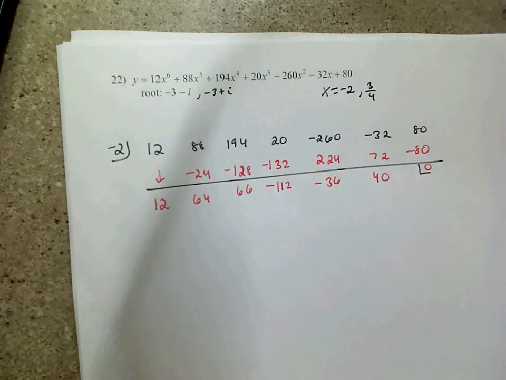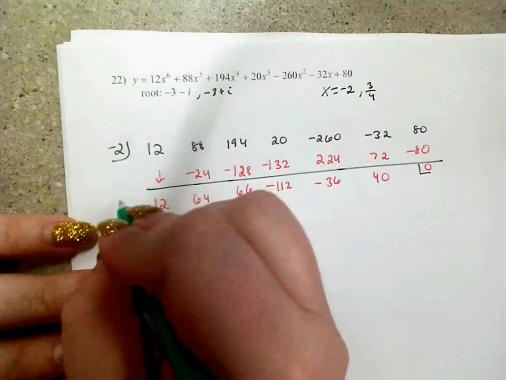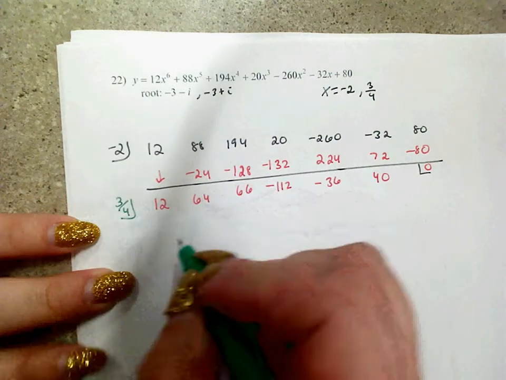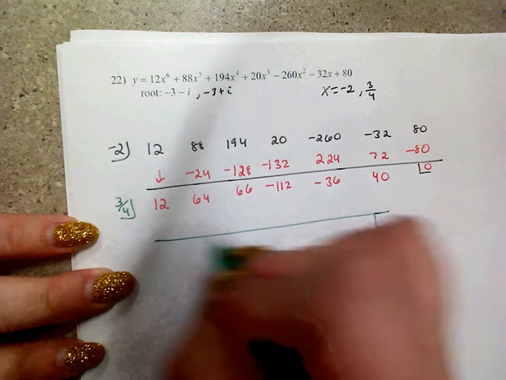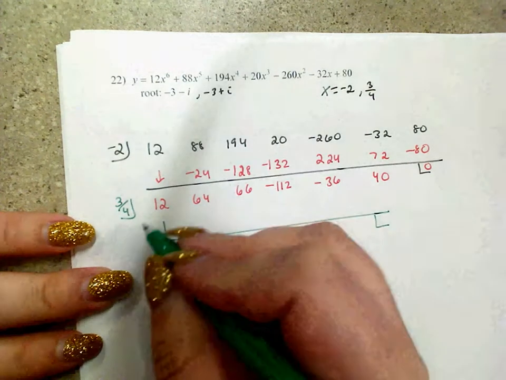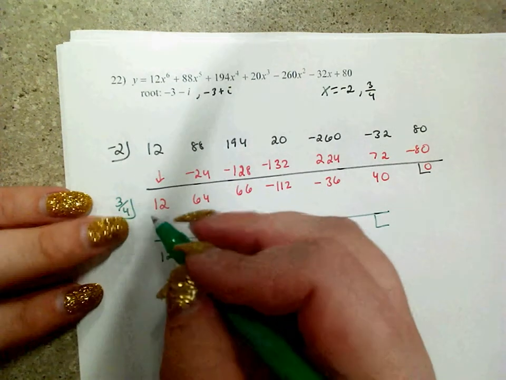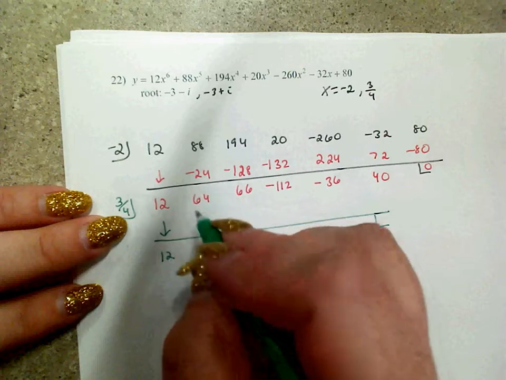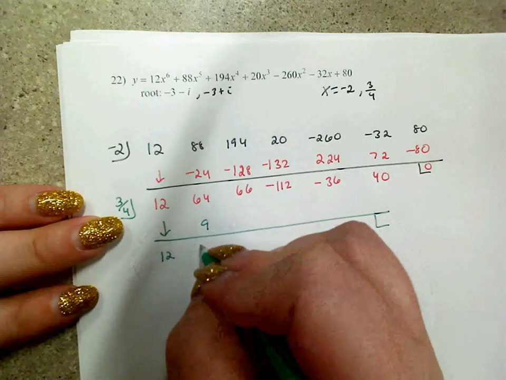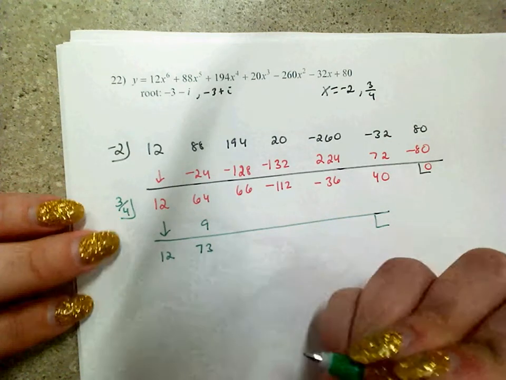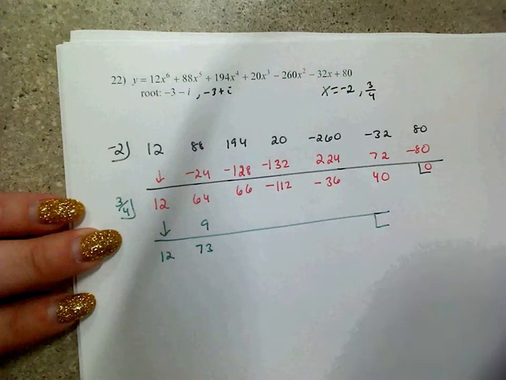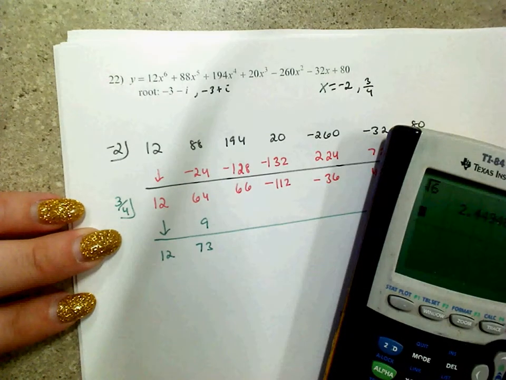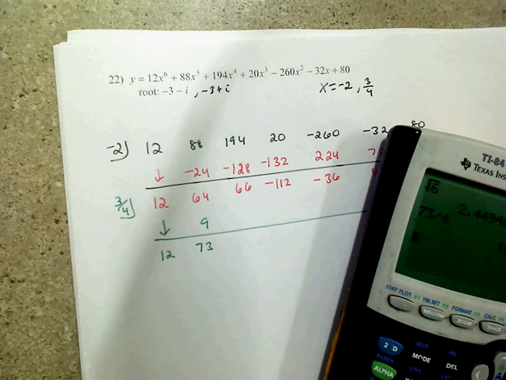I'm going to try 3/4 with an erasable pen in case it is wrong. All right. 12 divided by 4 is 3, and 3 times 3 is 9. So that's 73. 73 divided by 4. Ooh. Does not work. Okay.